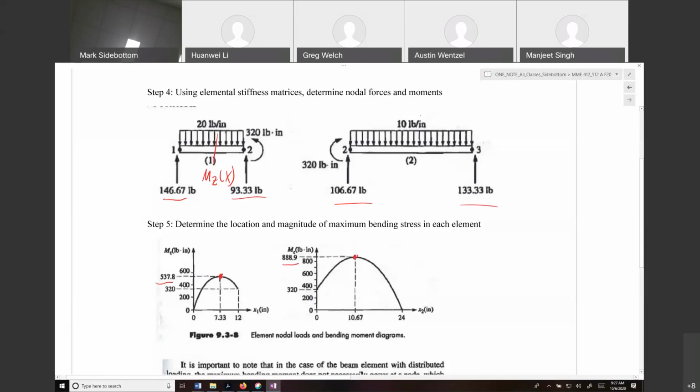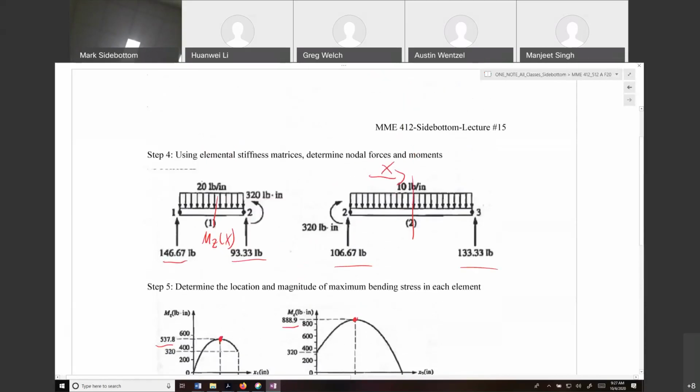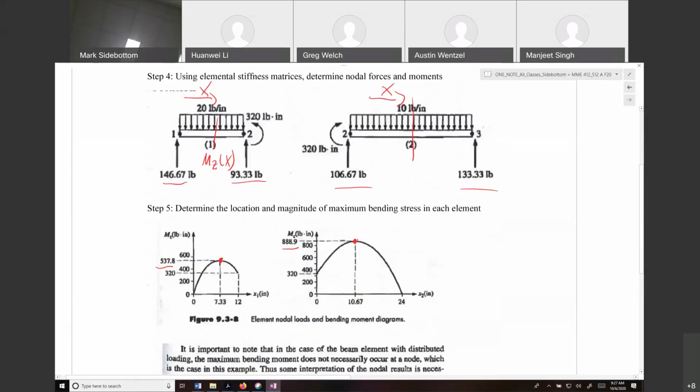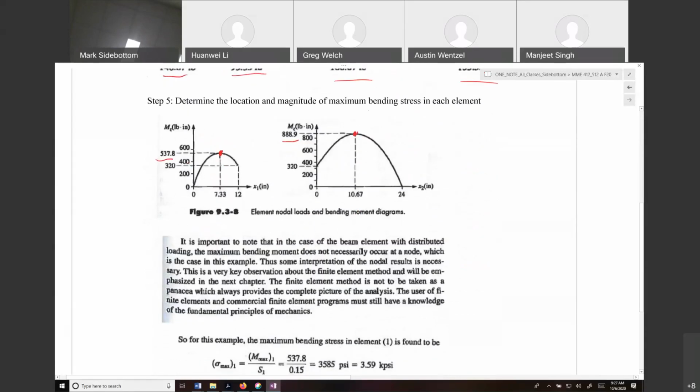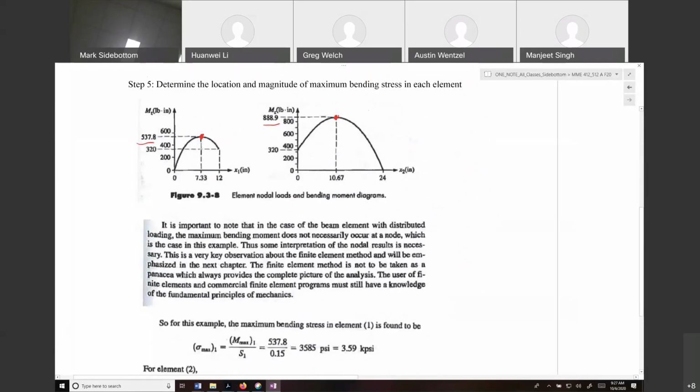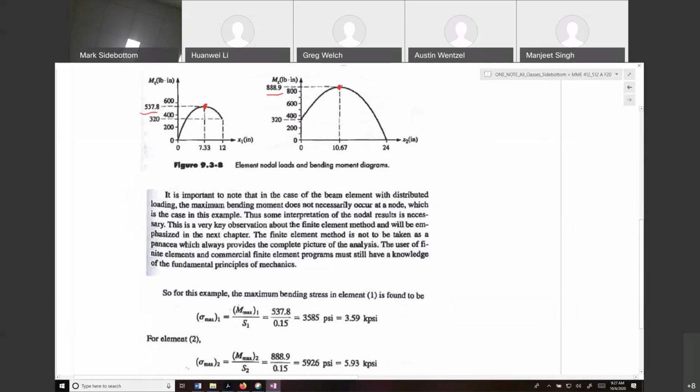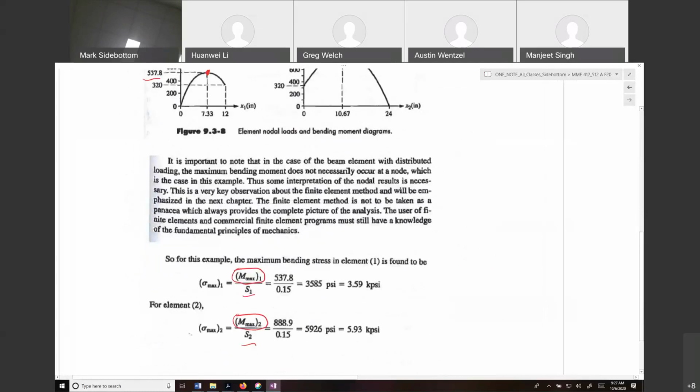All right, so we can just take a section cut as a function of x. We can solve for the moment at the section cut. So as long as we do that, we can end up getting these different graphs, and we can then, using our maximum moments within each of our elements and the section value, which is S1 is just equal to I1 over C1.